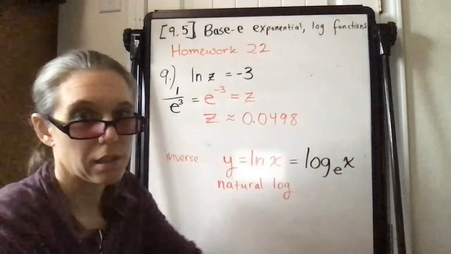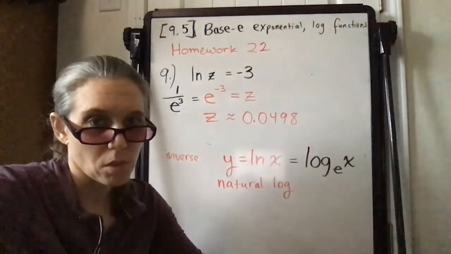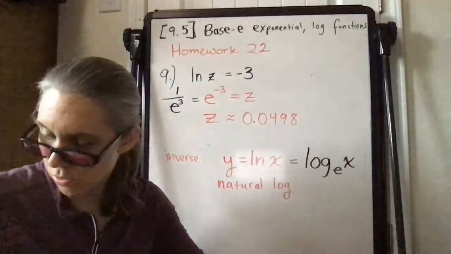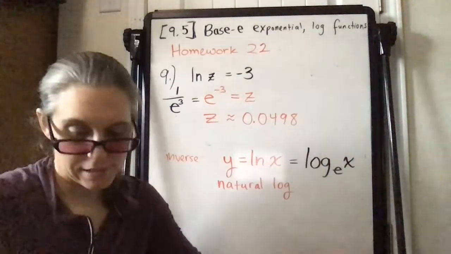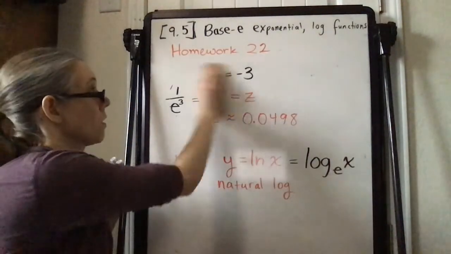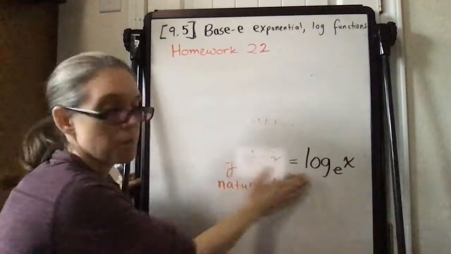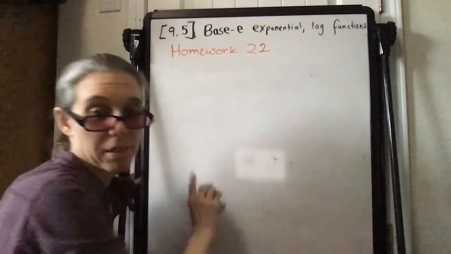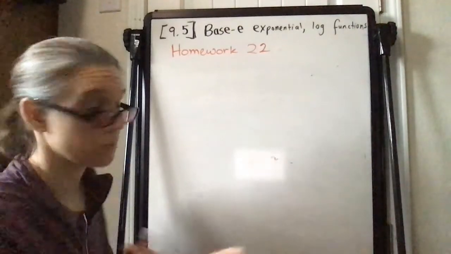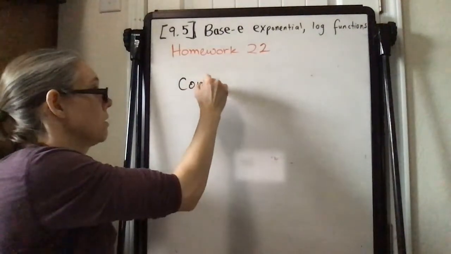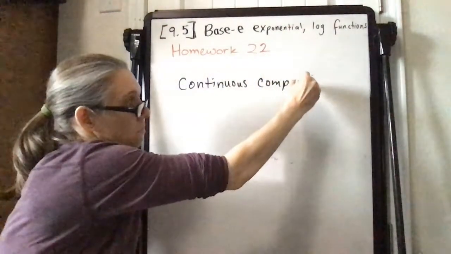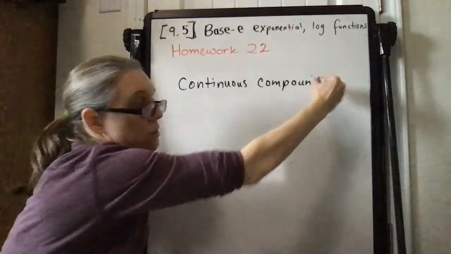Okay, so now we're going to look at interest rate compounded continuously. The compound interest formula is pretty complicated, but the continuous one is not. Okay, so continuous compounding uses a very simple formula.